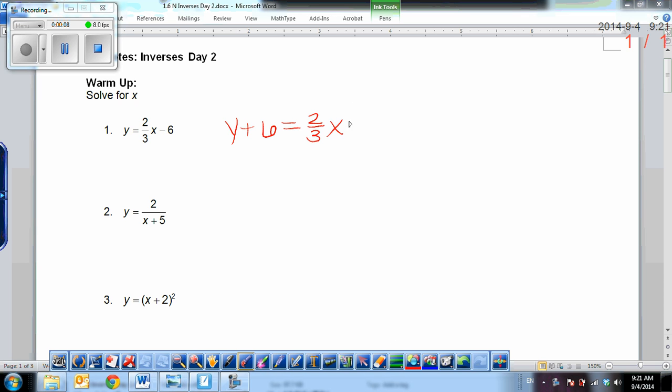Multiply by the reciprocal. Good, multiply by 3/2. So 3/2 times y plus 6 is equal to x. We could distribute that and get that x is equal to 3/2 y plus, if we multiply 3/2 times 6, 3 times 6 is 18, divided by 2 is 9.